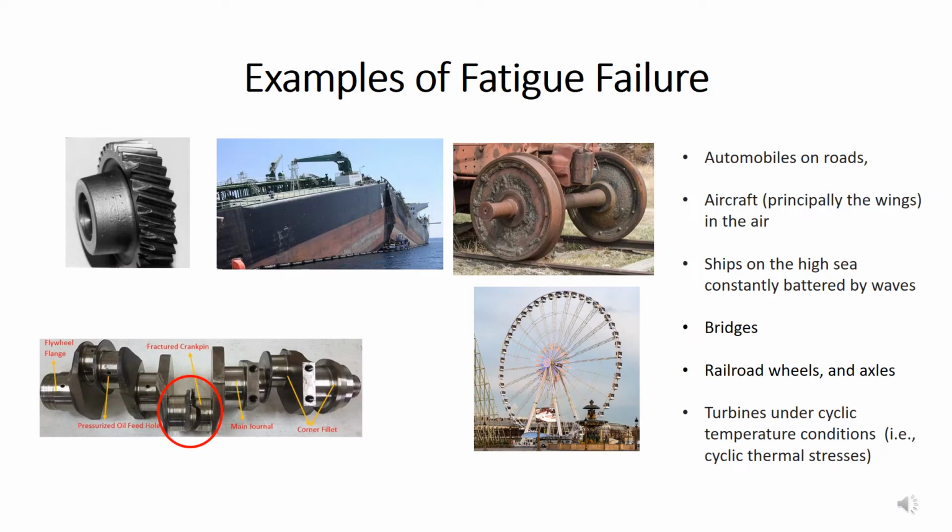Other common examples of fatigue failure which we can see around us are shown here in the pictures. The first example is the gear. Gears are used in power transmission, and they are mounted over the shaft. If you have to impart more power, the gear rotates at one speed, and if you have to impart lower power, the gears rotate at another speed.